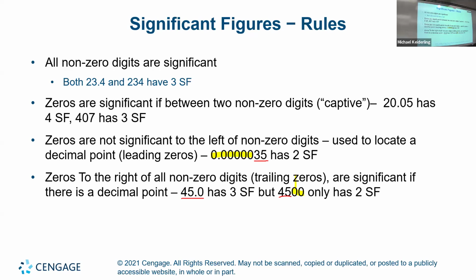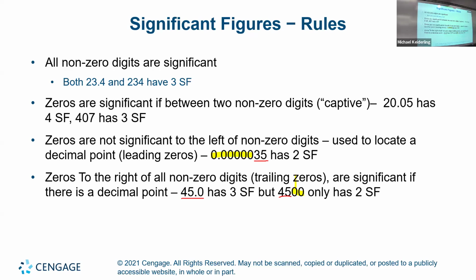Same as 2.34. Any zeros in the middle, captive zeros, are also significant. They matter. So 20.05 has 4 significant figures. 1, 2, 3, 4. 407 has 3 significant figures. 1, 2, 3.